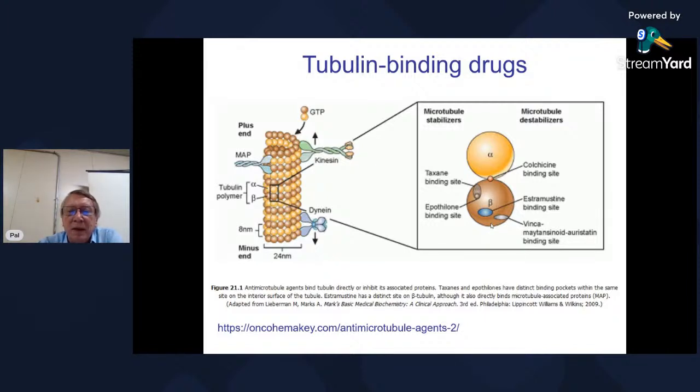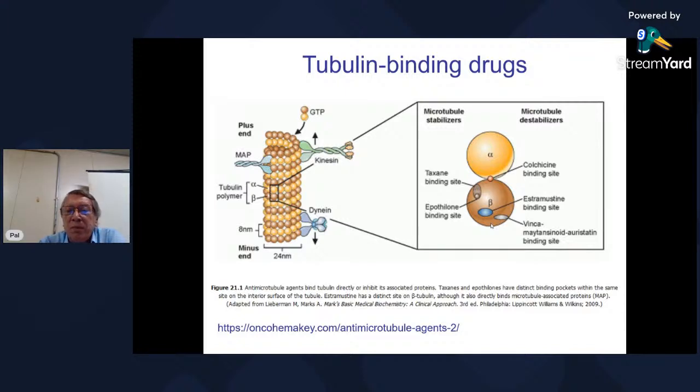In this picture, we can see that taxane and epothilone are the so-called microtubule stabilizer agents, and these are the microtubule destabilizing agents. Among the microtubule destabilizing agents, you can find the best-known vinca alkaloids and colchicine.